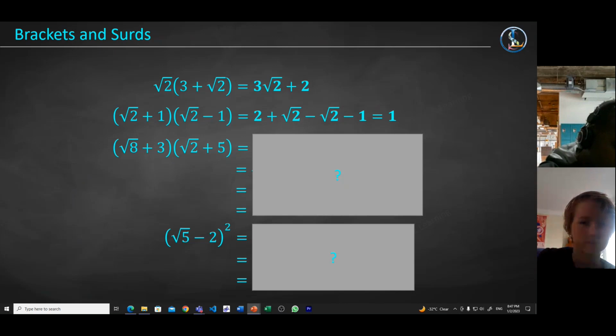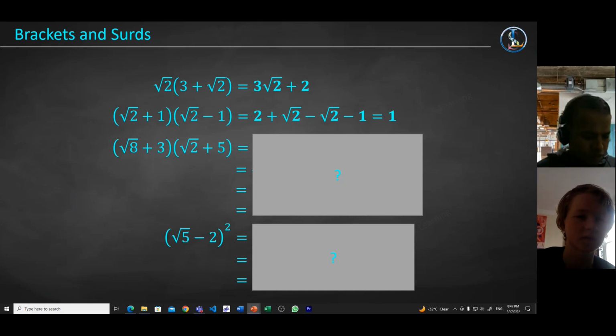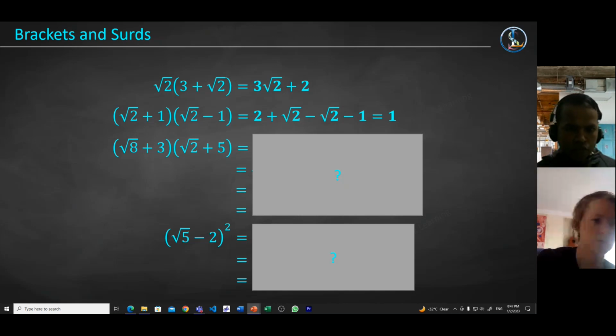First, you need to simplify square root 8 and then multiply it.